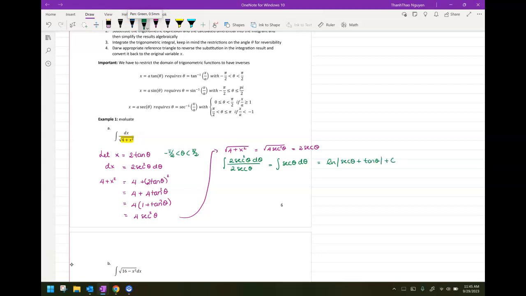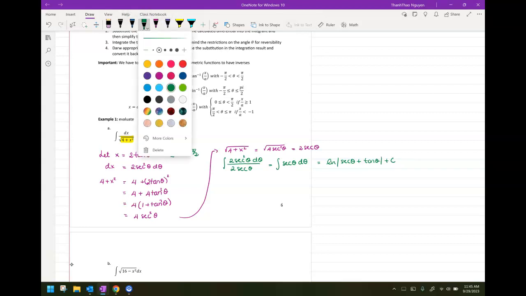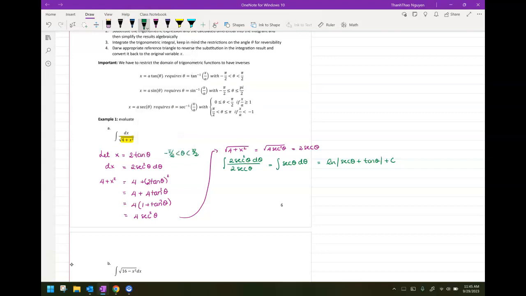Now I need to put this back in terms of x, so I need to draw my reference triangle. I was given x equals 2 tangent of theta, so tangent of theta is equal to x over 2. I'll draw the triangle.